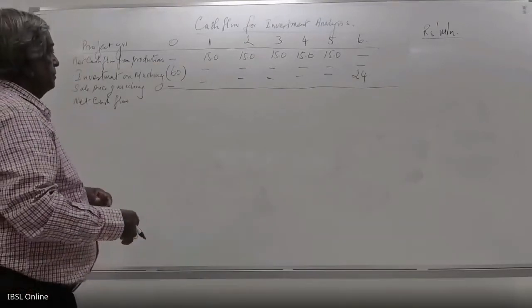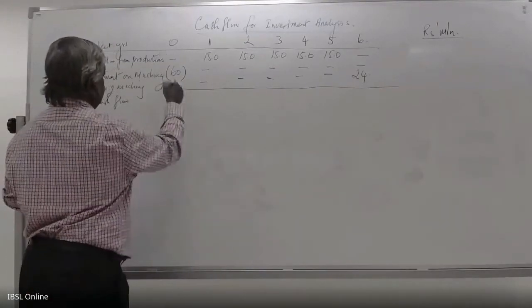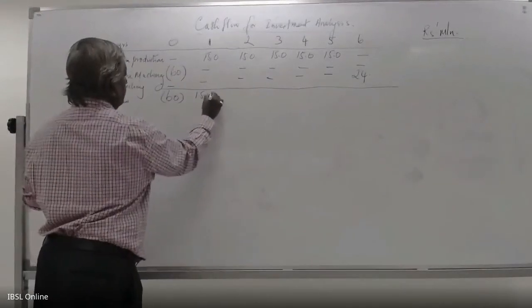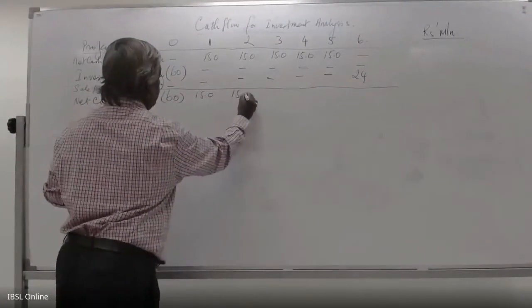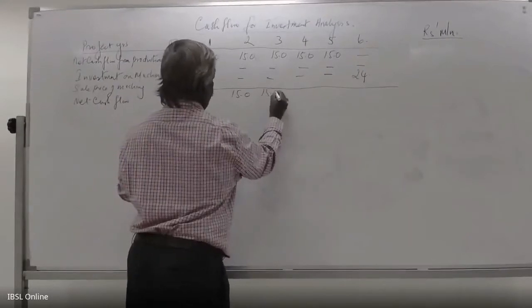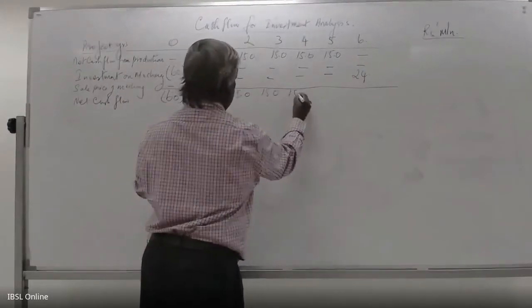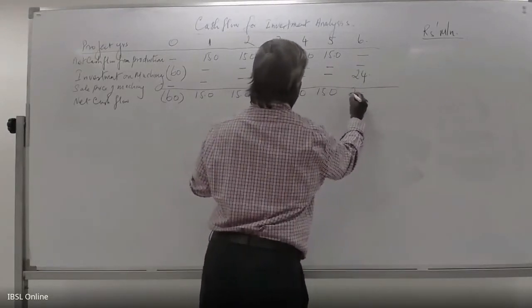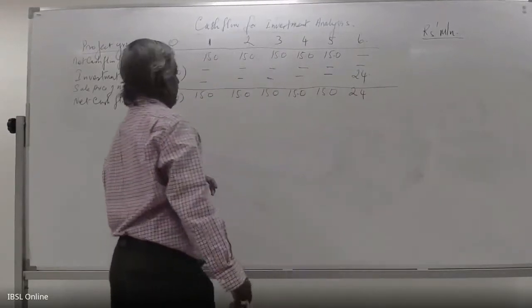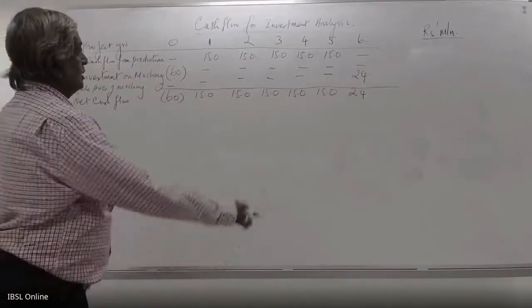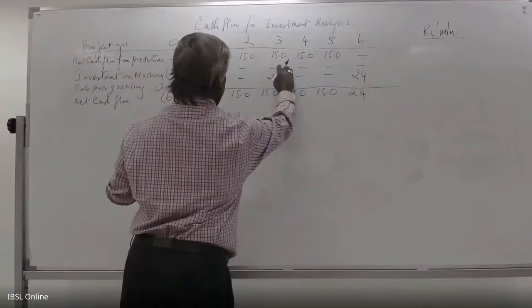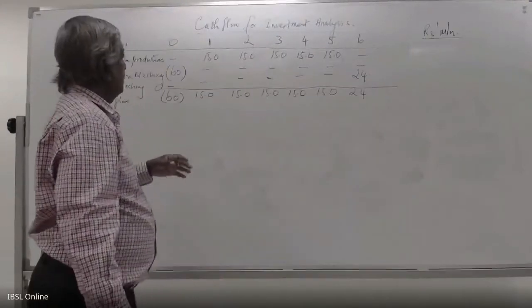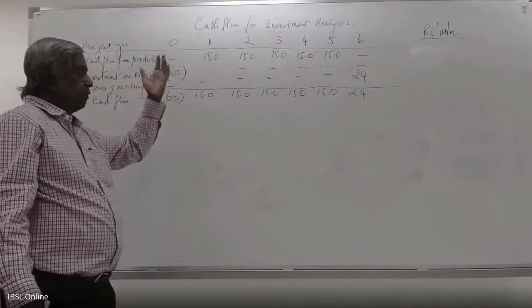So 60 million negative, then 15 million, 15 million, 15 million, 15 million, 15 million, and 24 million. This is what they are getting. The 15 million amounts plus this 24 million are all inflows. This 60 million is outflow.